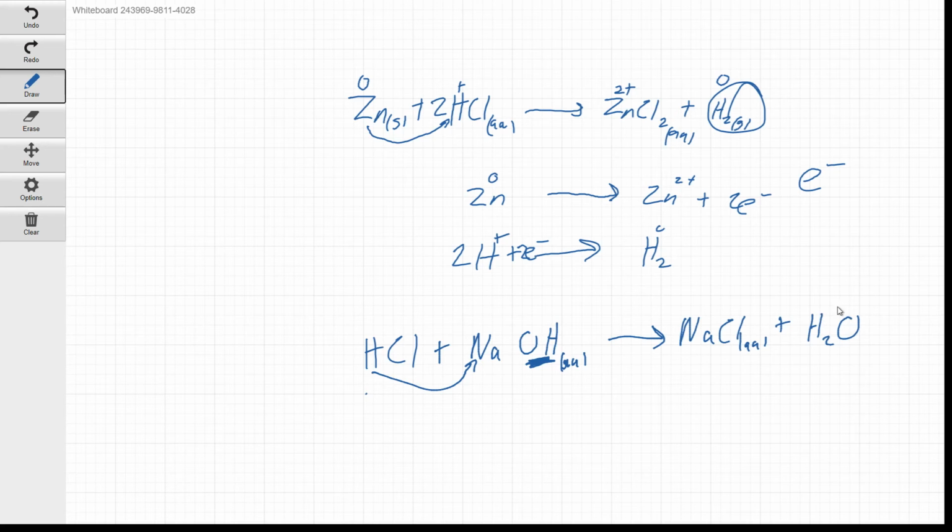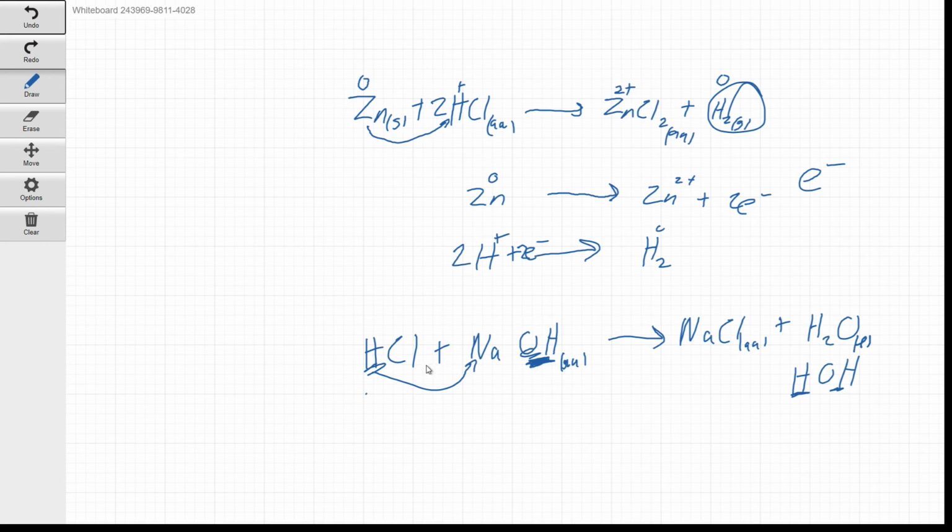Now, if the H2O wasn't apparent to you guys, the other way you can write this out is to write H2O as HOH. Because now you can see that the hydrogen came from here, the OH came from here, and you just simplify it back down to that. So the H2O is going to be liquid, obviously.